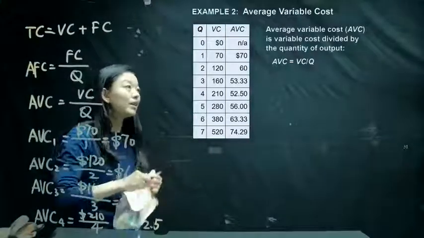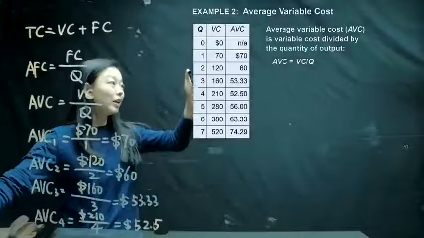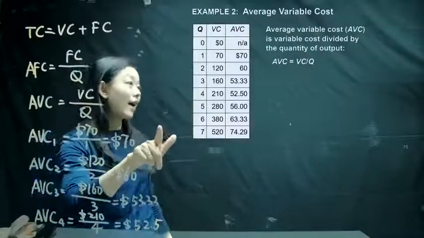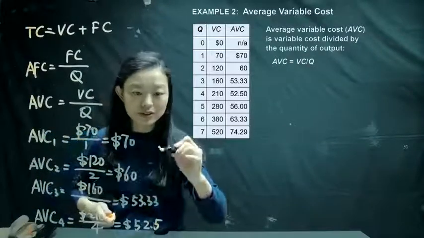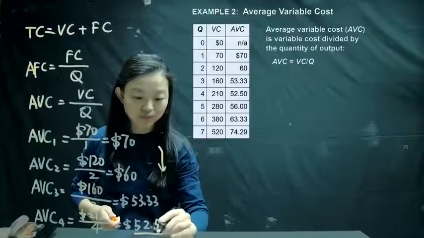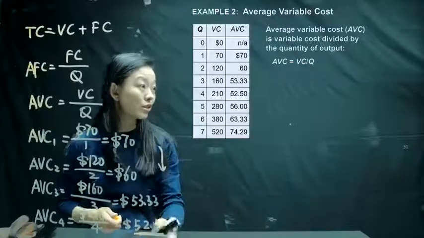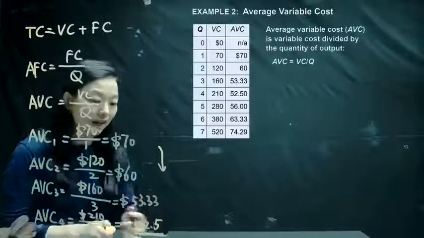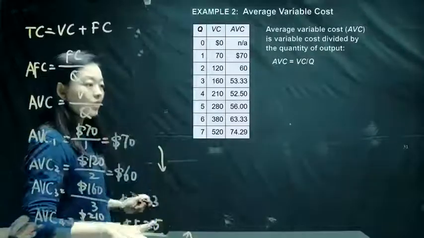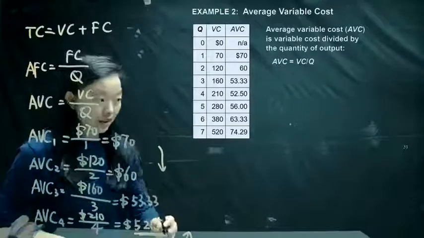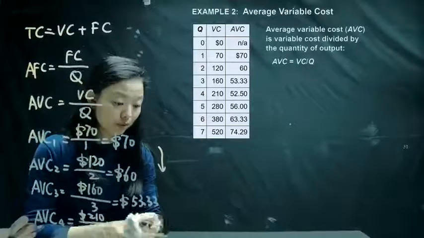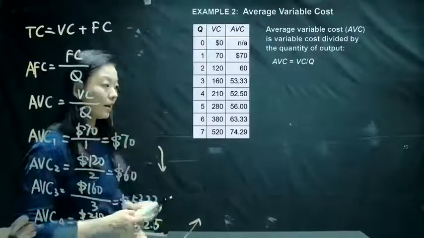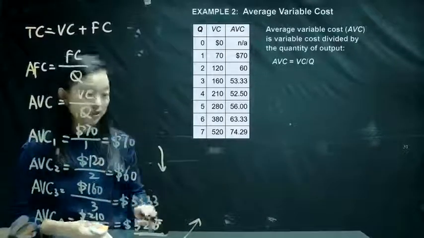You can see from the last column that the average variable cost actually decreases at the beginning until it reaches the minimum, right? And then it increases as there are more outputs.